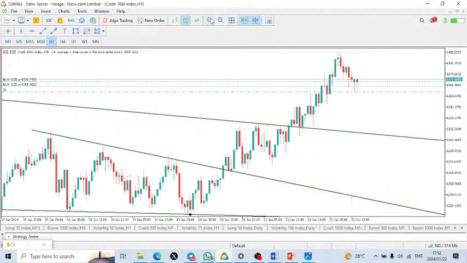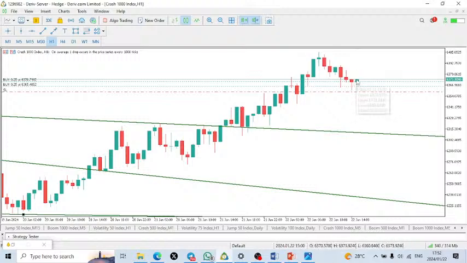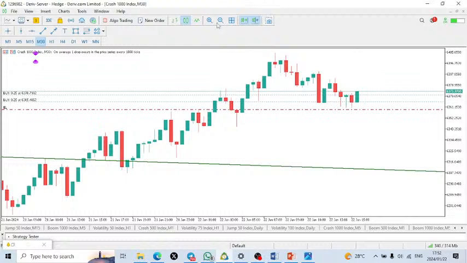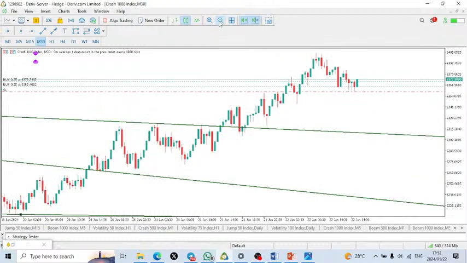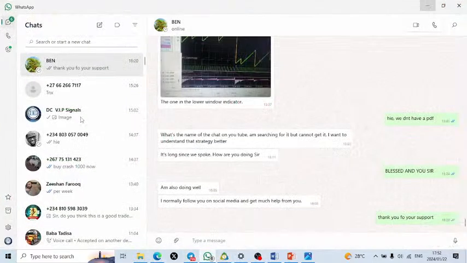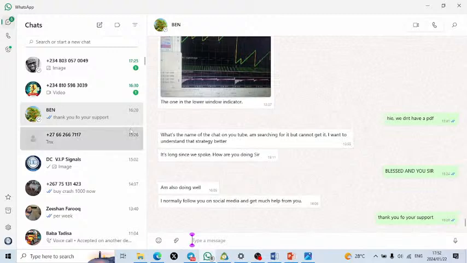We can see these pin bars indicating that price is likely going to move upwards. So this will be a perfect time for you to look for a buying opportunity. I can't remember how I bought on this one, but I gave an analysis in these groups.